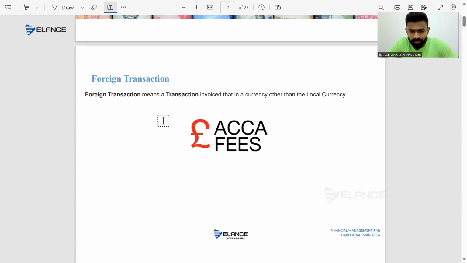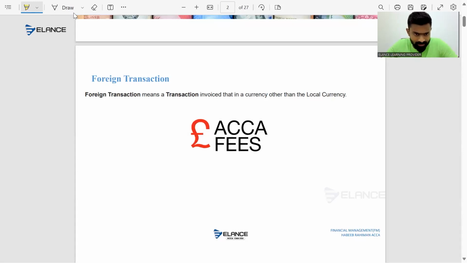Is the invoice of the ACCA exam fees in our local currency or in pounds? Is it in our local currency or foreign currency, pounds? It's in foreign currency, pounds, right?